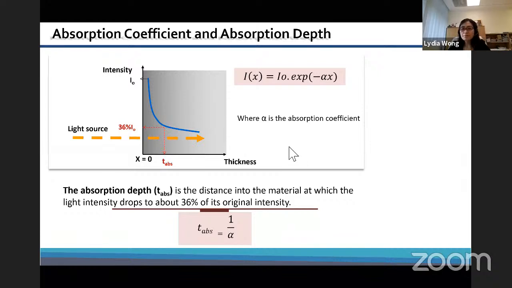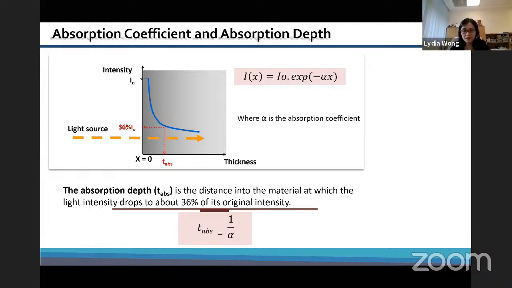Now, this is usually measured. You can measure this by UV visible spectrometry. I'm sure Prof. Herman has this equipment in the lab, so if you want, you can try. So you can basically measure the absorption coefficient of different types of material. And this is actually a constant. So once you measure, as long as you did it properly, you can use this number again and again.